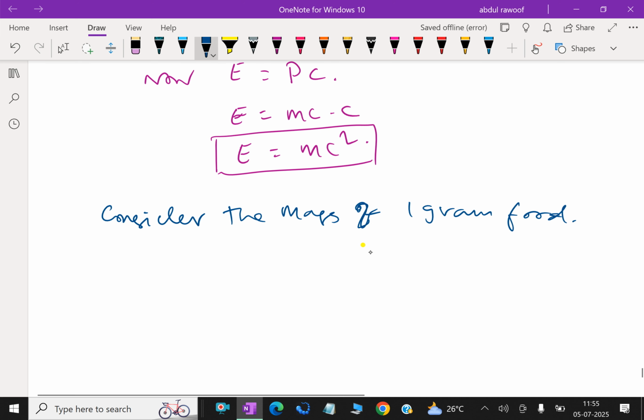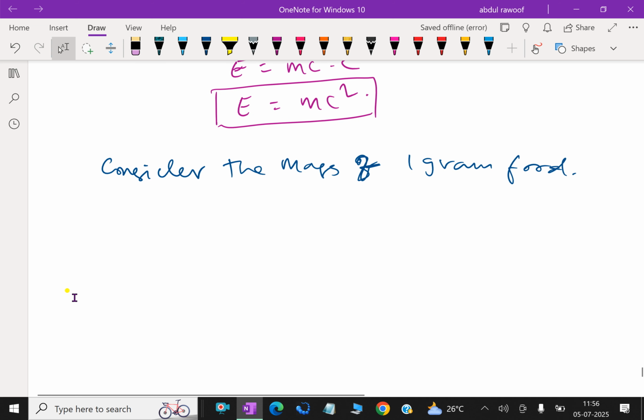Very little food. By using Einstein's energy equation, E equal to mc squared, let us calculate. 1 gram of food has a certain energy, but suppose this energy is completely used, that means the mass of 1 gram is completely converted to energy.